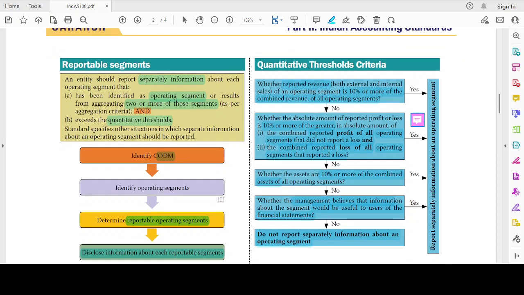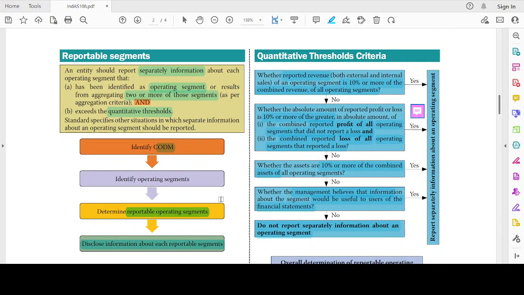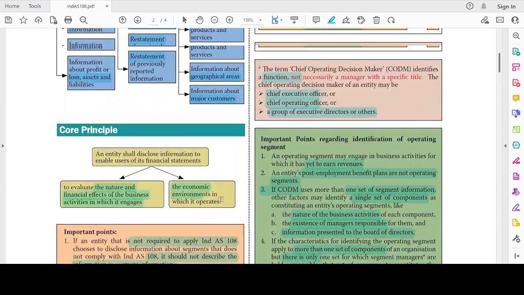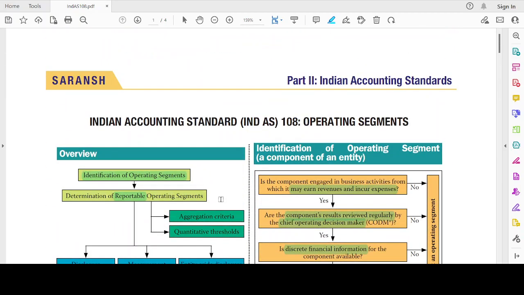Even if I want, there could be some cases where separate information can be reported based on the standard. Now, what is the process of the standard? The first step is to identify the CODM, the chief operating decision maker. For example, it could be a COO, CEO, etc. The second step is to identify the operating segment based on three criteria. One, it should generate revenue or incur expenses where business activities are there. Second, such reports should be regularly reviewed by the CODM.